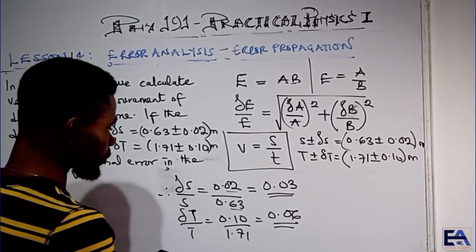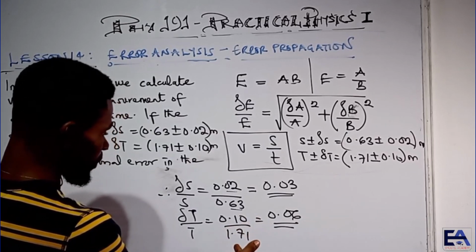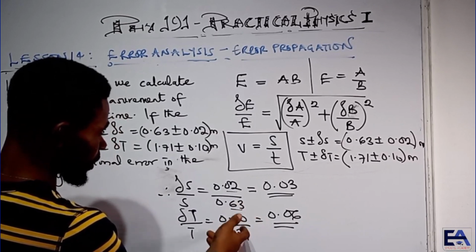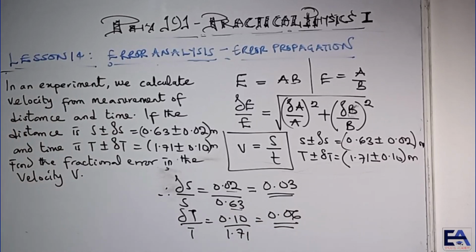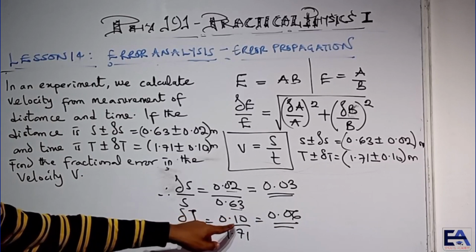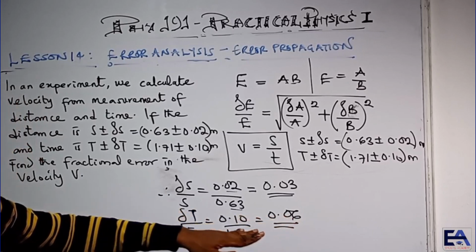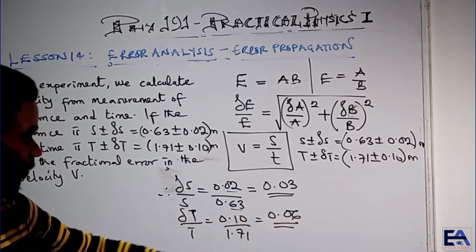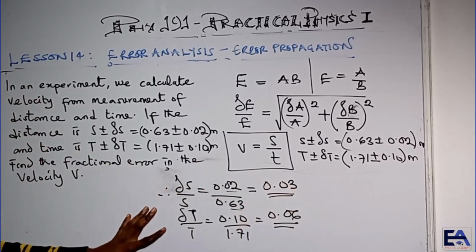Although this one has two significant digits and this one has three, after division we got this result. The precision is 2, so just keep the answer as it is. You leave it that way, and the other one is also left that way, and then we are good to go.